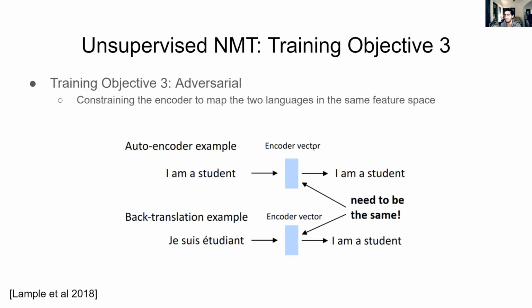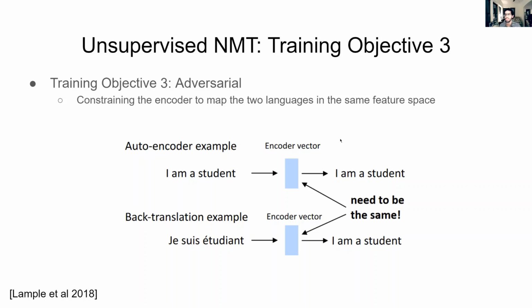So if you can predict it, then that means that these encoder vectors are not in the same space, but you want them to be in the same space. So you use the signal from the discriminator, you use the gradients from the discriminator to update the encoder using this third objective such that they're aligned together as well.